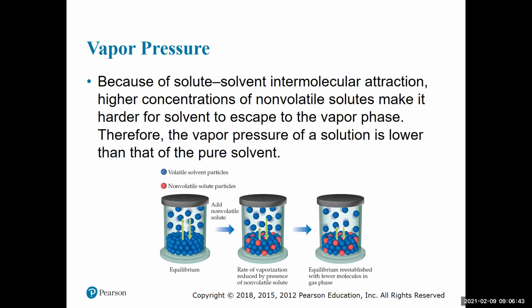Okay, so vapor pressure. Remember we talked about vapor pressure a little while ago, and that is, if we look over here at these diagrams on the bottom of the slide, vapor pressure is that equilibrium between things that are in solution and things that are volatilizing. Remember we talked about interactions in solutions: we have the solute-solute interactions, the solvent-solvent interactions, and the solute-solvent interactions.